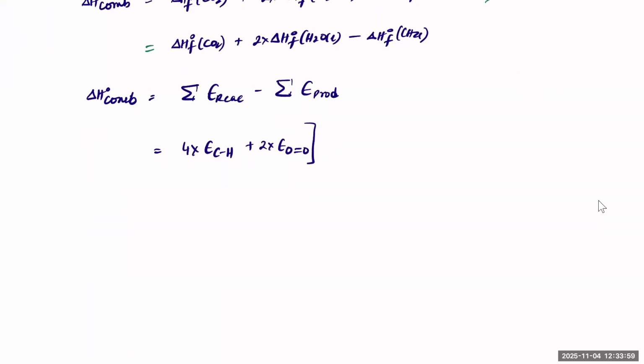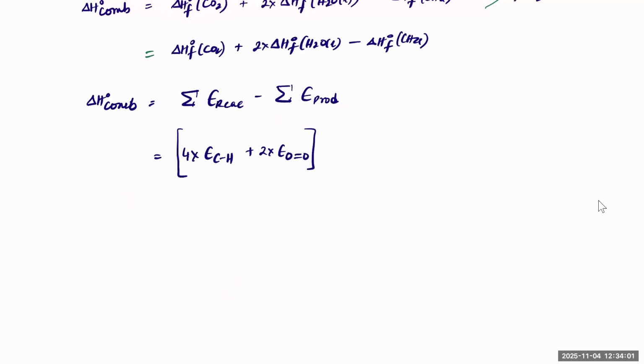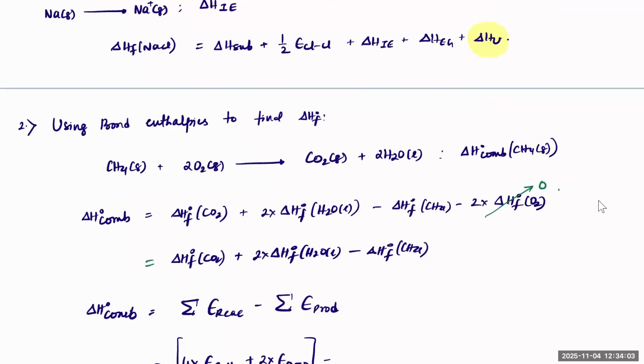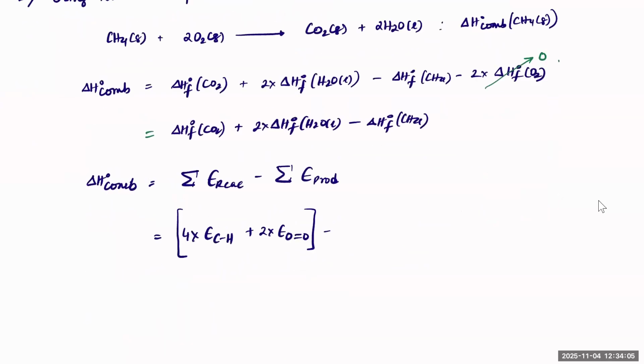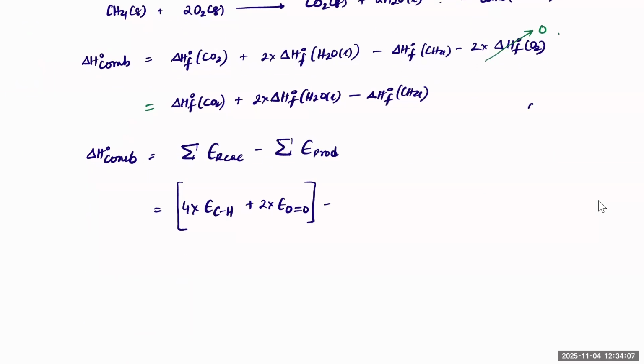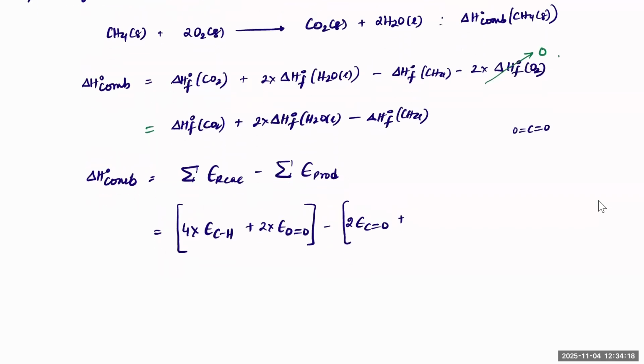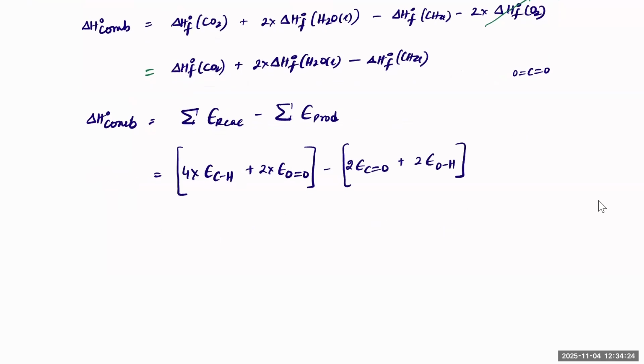That is the reactant side enthalpies, minus the product side. What is on the product side? On the product side, it is C double bond O, so we have 2 times epsilon C double bond O, plus H2O, 2 times epsilon of O-H, breaking the bonds.